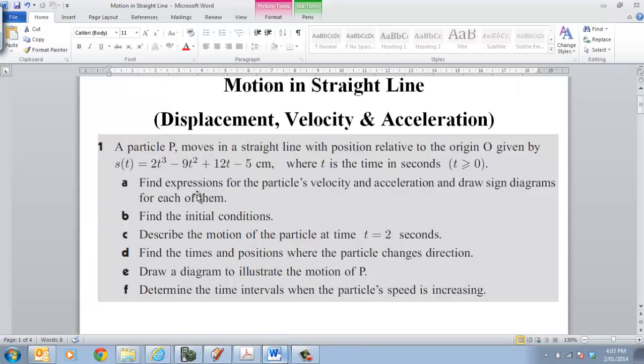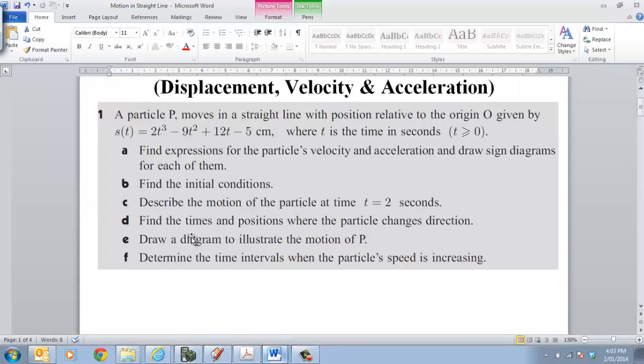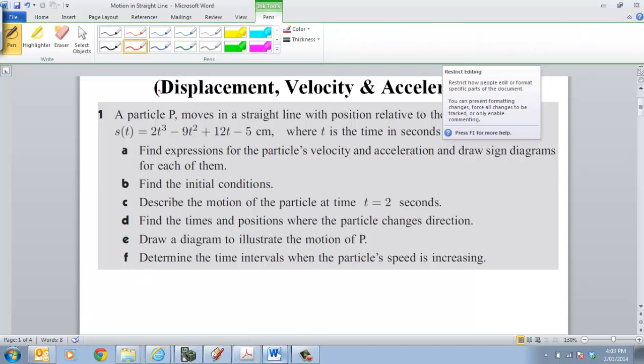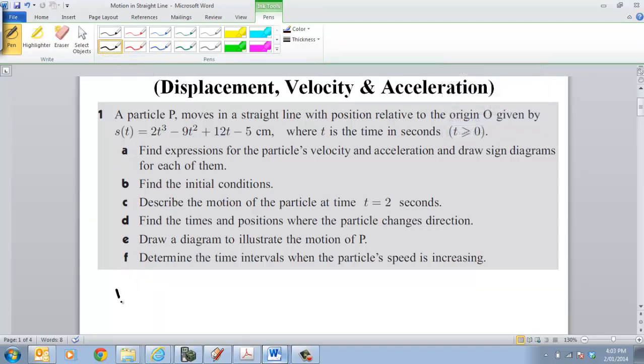If you think about that being up and down, one dimension, that's what we need to be thinking about here. So in part A, we need to do our first derivative. Our velocity equation, v of t, is in fact s dashed of t. When you do that from that equation, you're going to get 6t squared take 18t plus 12. You need to be working in t's because it's presented in t's.